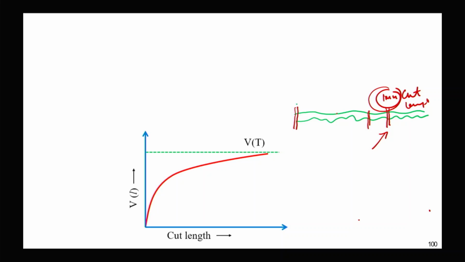We will see variability within 1 millimeter is least. If the imaginary cut length is 0, then the variability within that length will be 0.